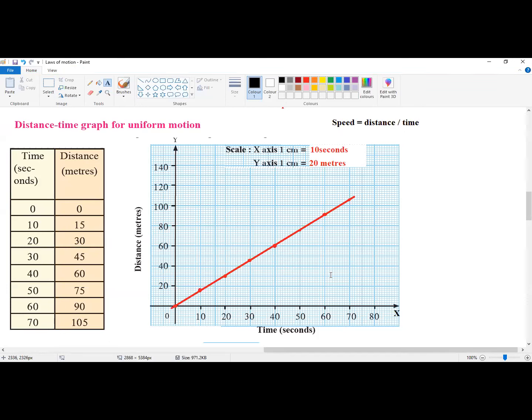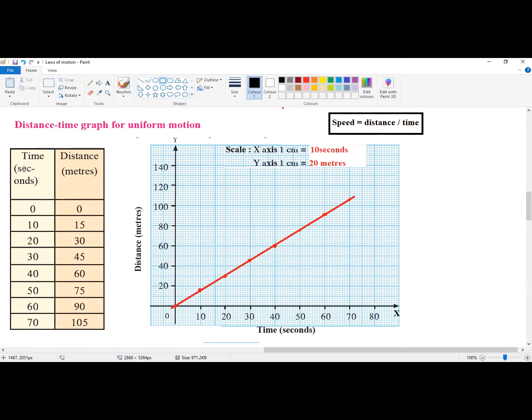Distance divided by time. Yes, distance divided by time.